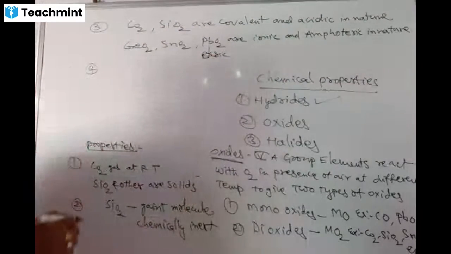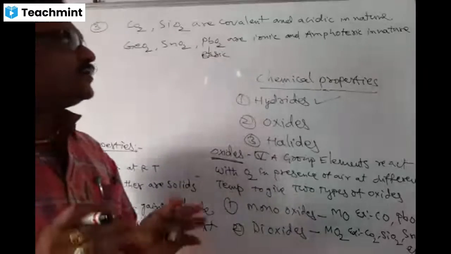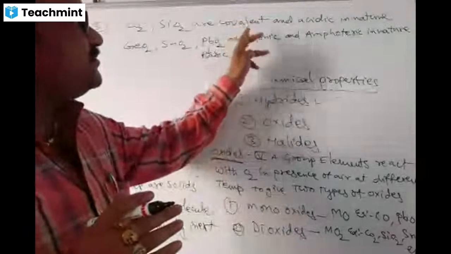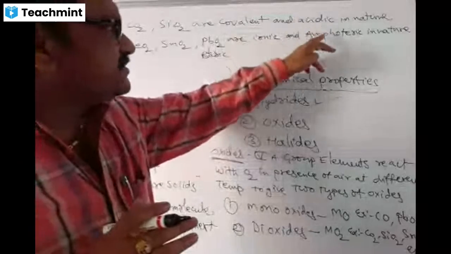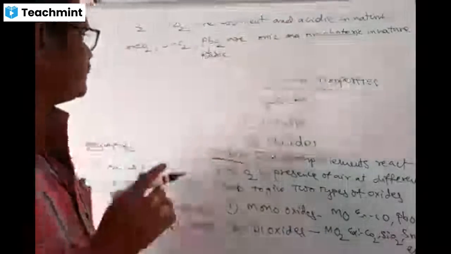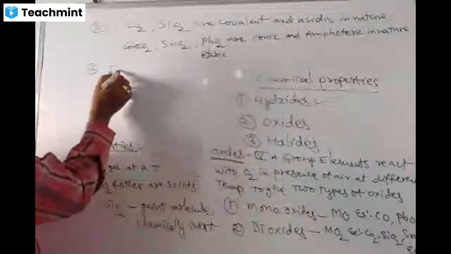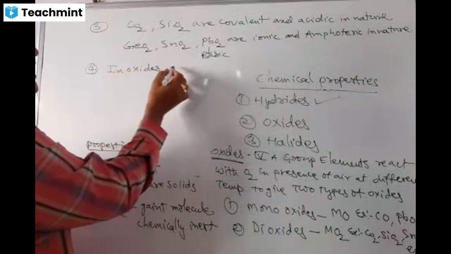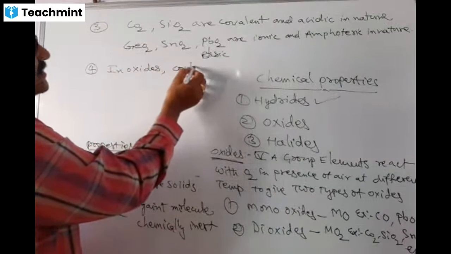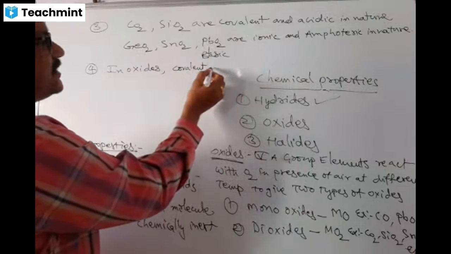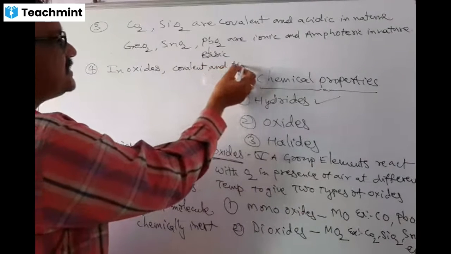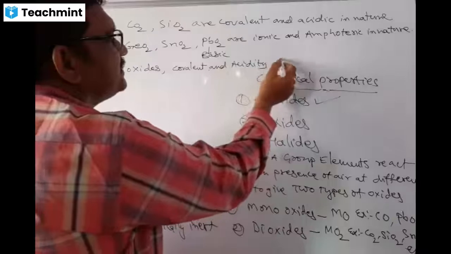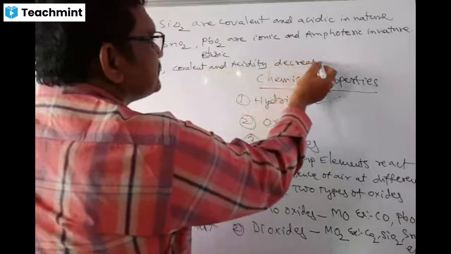See here, the fourth one. Whenever covalent becomes ionic, acidic becomes amphoteric and basic. That means down the group, in oxides, covalent character and acidity decrease.